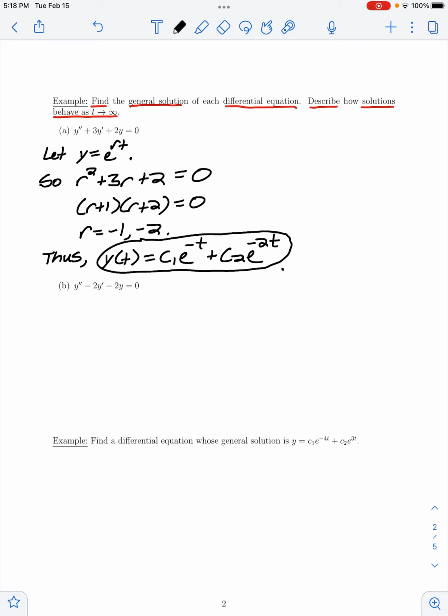So we've constructed our general solution, and for the last part of the problem, we're asked about the limiting behavior of our solution, what happens as t approaches infinity. So as t approaches infinity here, we see that our function, y of t, will approach 0.